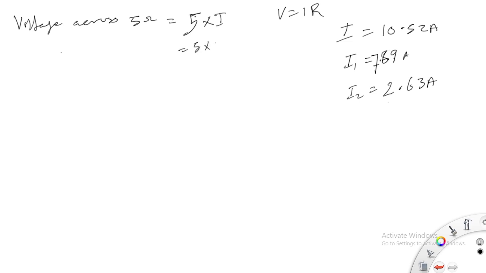Capital I, because the current flowing there was the capital I. If you go back a bit, you can see that across that 5 ohm resistor the capital I was flowing in, so it has to be capital I, which is 10.52. Our answer would be 52.6 volts.